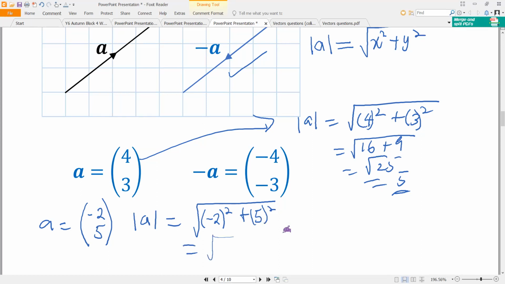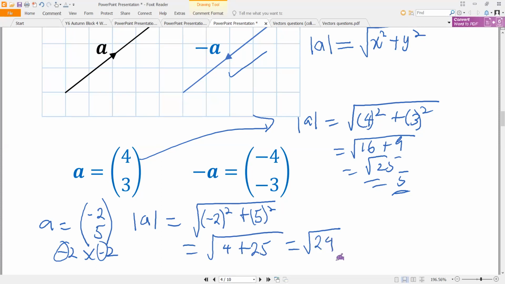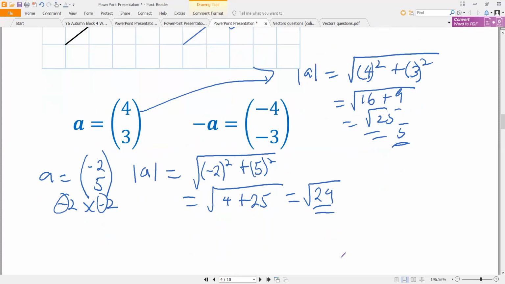And this will be the square root of 4, because minus 2 squared simply means minus 2 times minus 2. And then the minus times the minus is a plus. The 2 times the 2 is a 4. Therefore, this will be 25. And when you find that addition, you have the square root of 29. So let's go to the next.